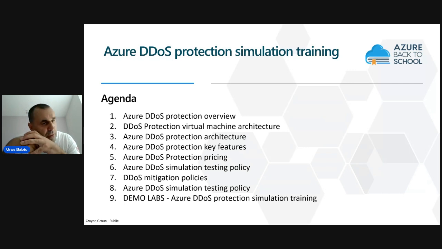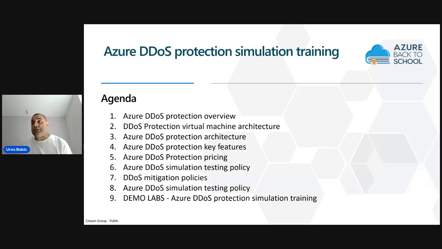That is a very comprehensive guide on Microsoft Learn. It walks you through setting up your testing environment, how you configure and protect your public load balancer, for example, with Azure DDoS Protection, how to create the DDoS protection plan, and how to create virtual networks with DDoS protection and the Bastion service enabled, for example.